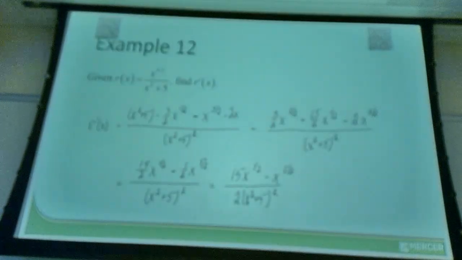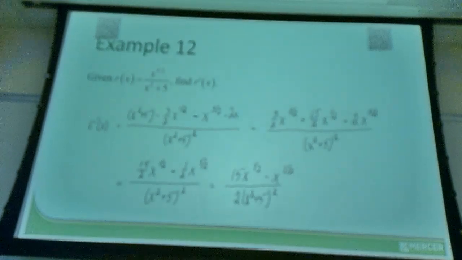And then just get rid of the compound fraction, multiply numerator and denominator by 2. 15 x to the half minus x to the 5 halves all over 2 quantity x squared plus 5 squared. Right. Again, you could factor the numerator, factor out that x to the half.